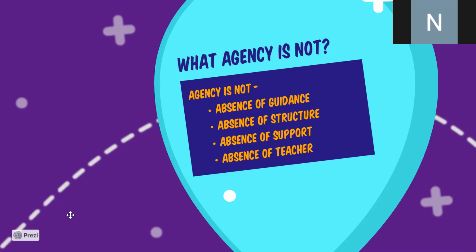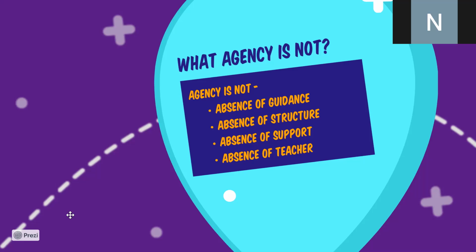Agency is also not absence of support. We are not going to leave the children on their own just because we want to say that it is an agentic classroom. We need to guide and scaffold the steps for every single child. And that is how we are going to support the children in making the right choices.